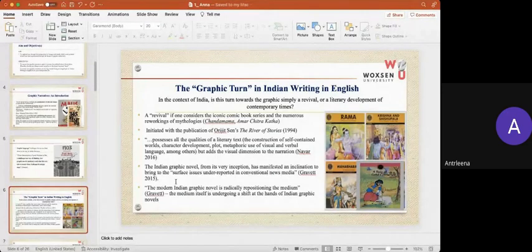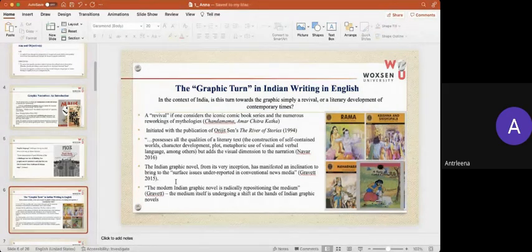So, there's a lot of debate that goes on, that it's a literary development of postmodernism, a postmodern development, but a lot of critics like Pramod Kapoor, he was my professor, and he is one of the pivotal figures in talking about graphic literature in India, say that it's not a new postmodernish development.